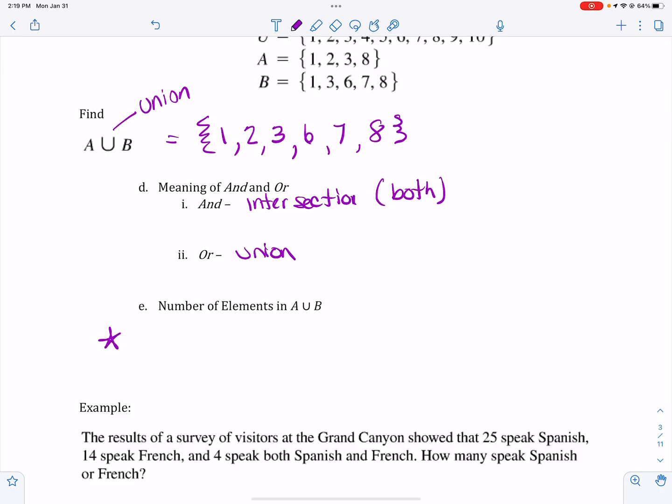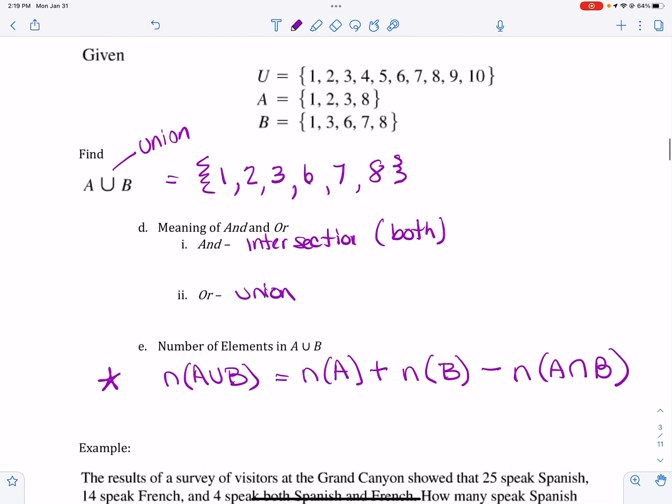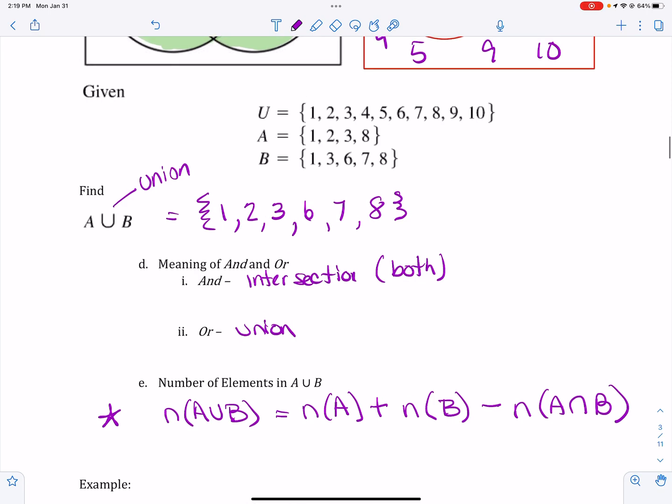And this is a formula that you're going to need to know, okay? The number of elements in the union is going to be the number of elements in A plus the number of elements in B minus the number of elements in the intersection. Okay, so let's look at this up here using this example.